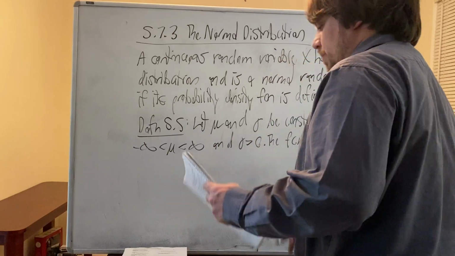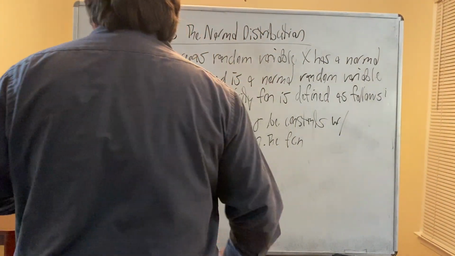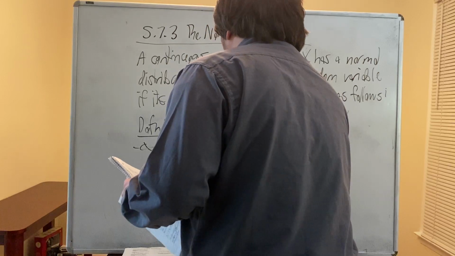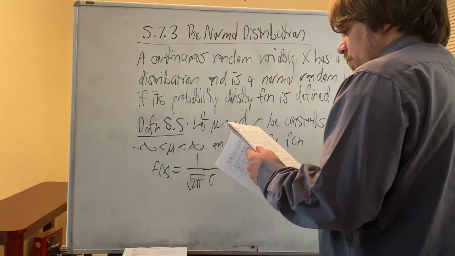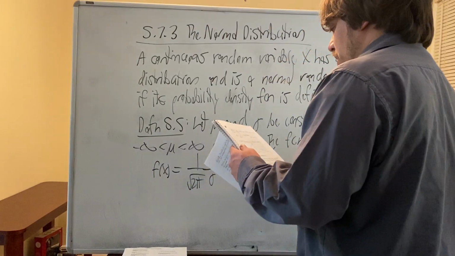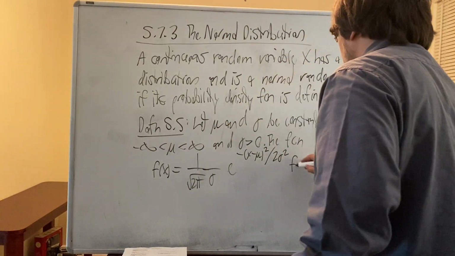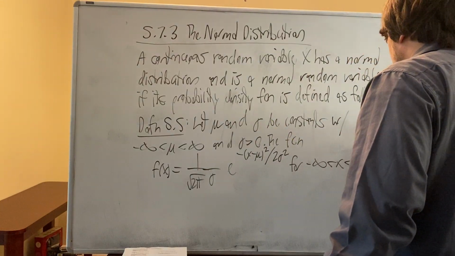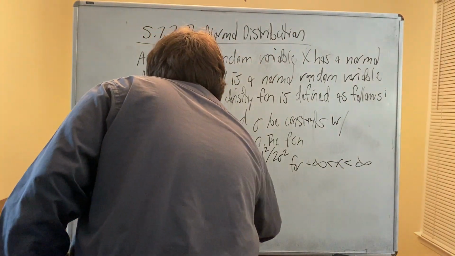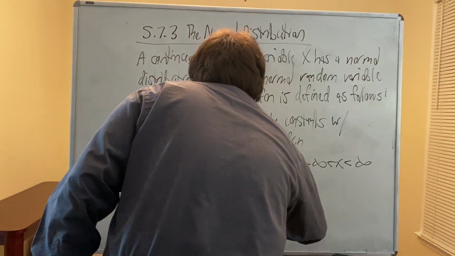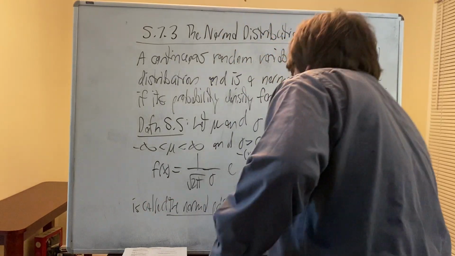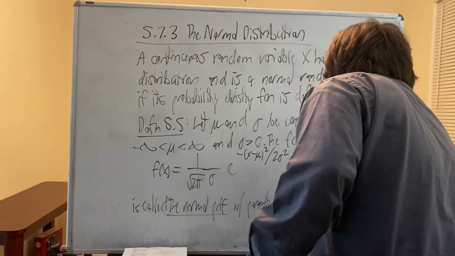The function f of x, which is equal to 1 over the square root of 2 pi times sigma times e to the negative x minus mu squared divided by 2 sigma squared, for negative infinity less than x less than infinity, is called the normal PDF with parameters mu and sigma.